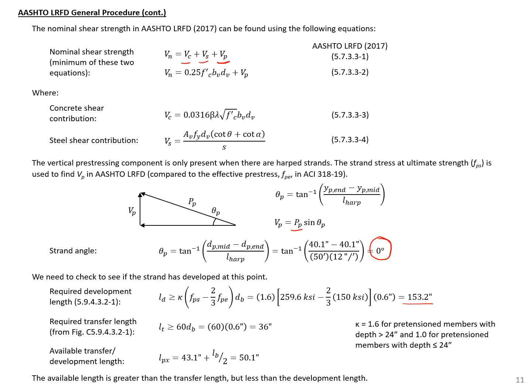Our required transfer length is 36 inches, and our available length at the location that we're considering shear is 50.1 inches. So we can see that this 50.1 falls between our transfer length and our development length. So we're going to be able to get our effective pre-stress in the strands, but we won't be able to get the full pre-stressing stress at ultimate.